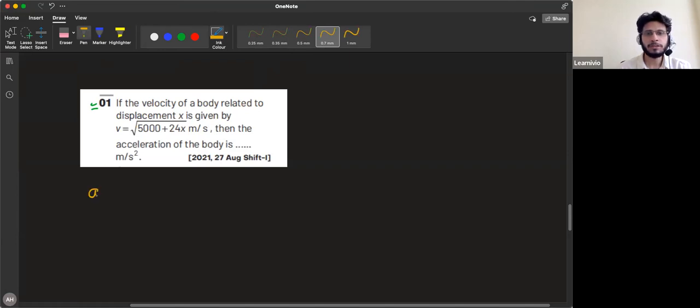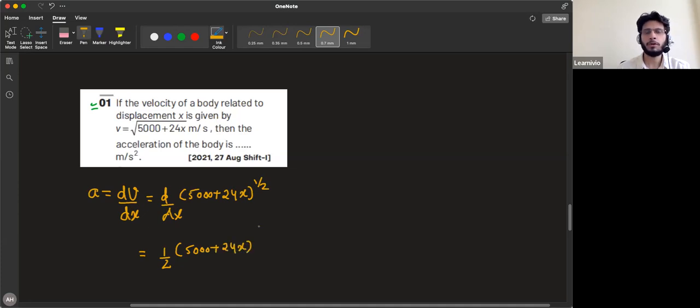So what is acceleration? Acceleration is dv over dx. So it's d over dx of 5000 plus 24x to the power half. When you differentiate it, it comes out to be half, 5000 plus 24x to the power half minus 1.